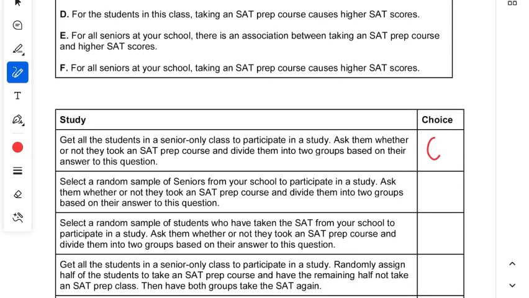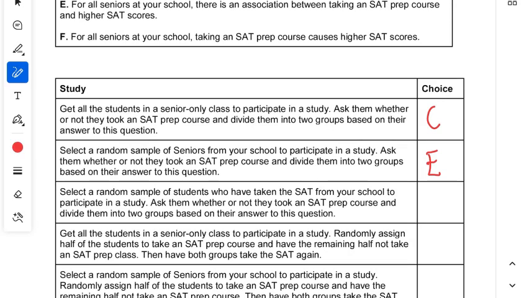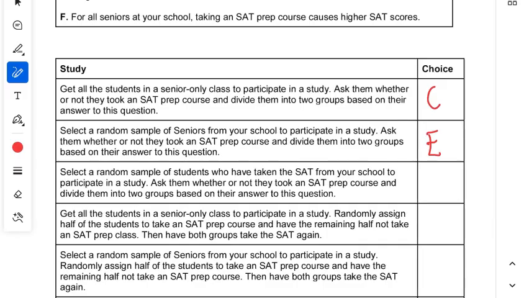The next one: select a random sample, ask them whether they took an SAT prep course, then divide them based on their answers. That would be E. Next one: select a random sample who have taken it to participate in the study, ask whether they took the course or not.